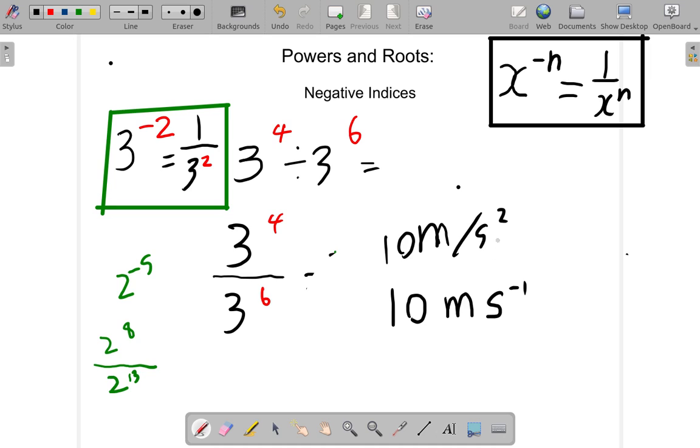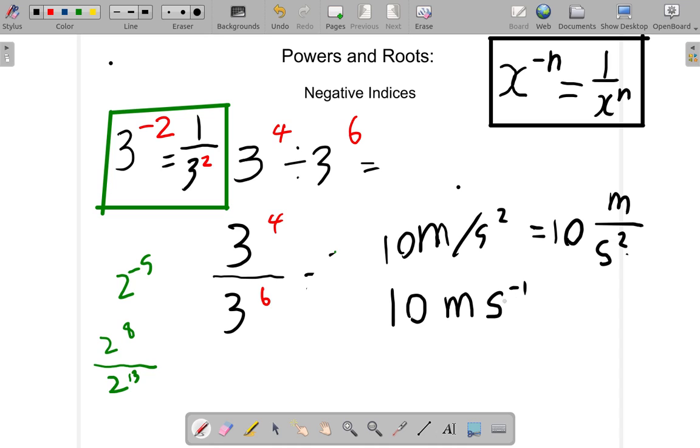Because m over s squared, this is 10 meter. The slash here means divided by second squared. Is the same as meter multiplied by second to the negative 1.